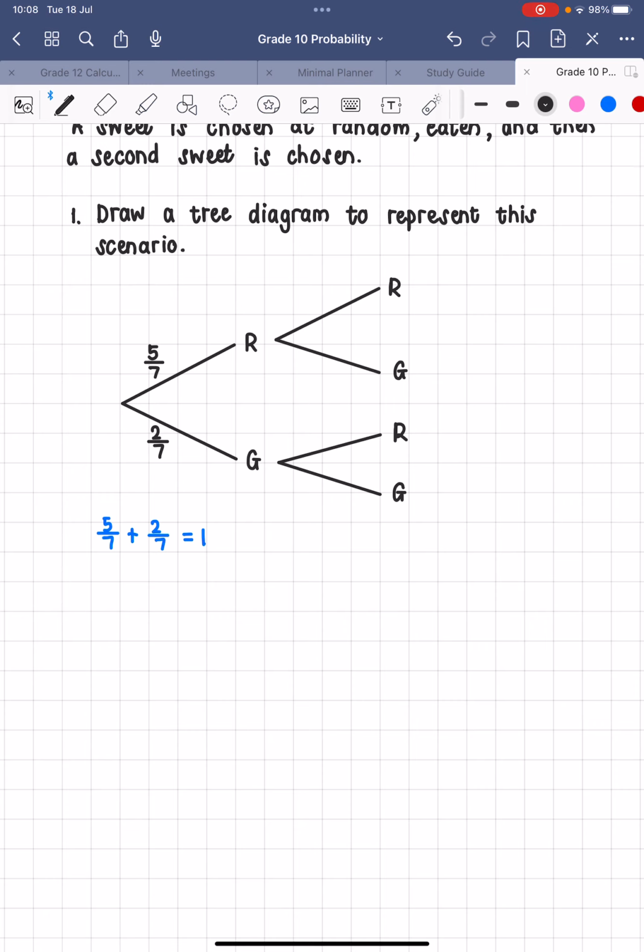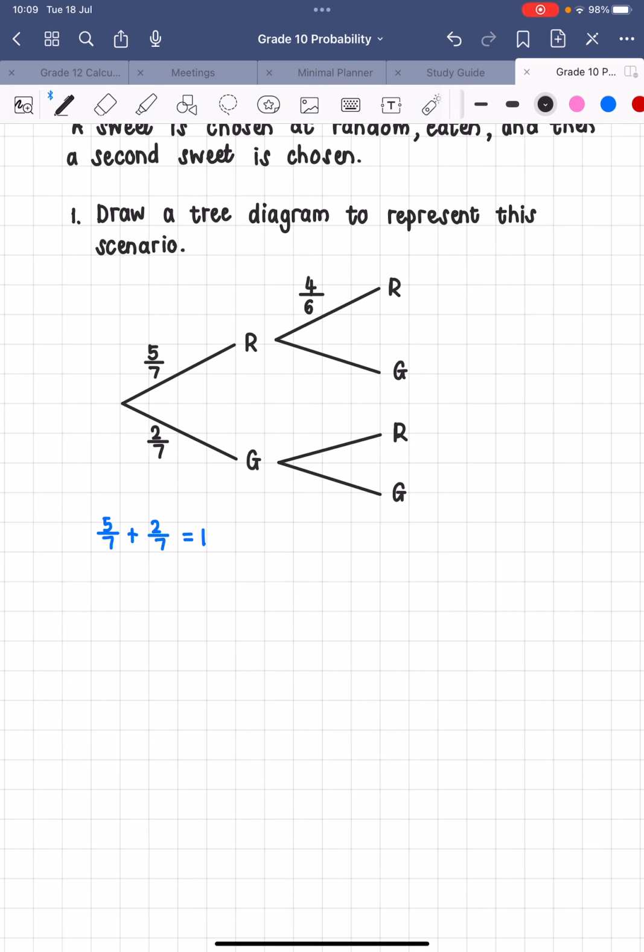Because now, guys, if my first sweet was a red one, right? What did I do with that sweet? I ate it. So are there still 5 red sweets in that bag? No, there are now only 4. And how many sweets in total? 6. Now here, guys, you can simplify this to 2 over 3, but you are actually also allowed to keep it as 4 over 6.